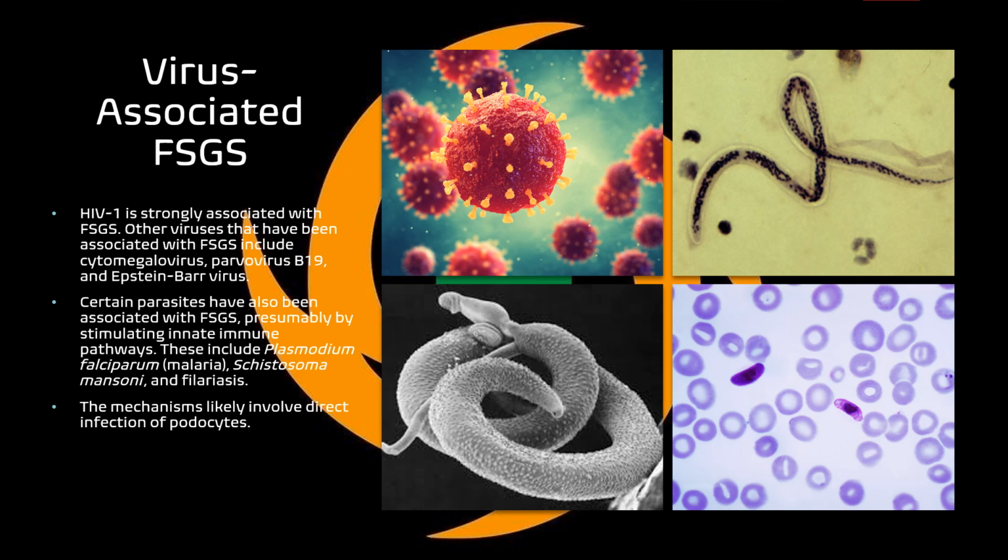Relating to virus associated FSGS, HIV type 1 has been strongly associated with FSGS. Other viruses that have been associated with FSGS include cytomegalovirus or CMV, parvovirus B19, and Epstein-Barr virus or EBV. And certain parasites have also been associated with FSGS, presumably by stimulating innate immune pathways.